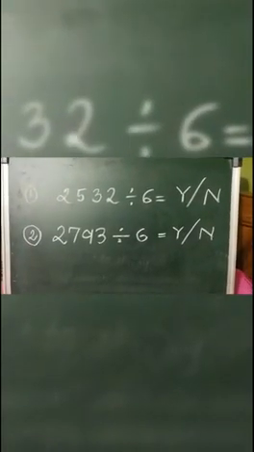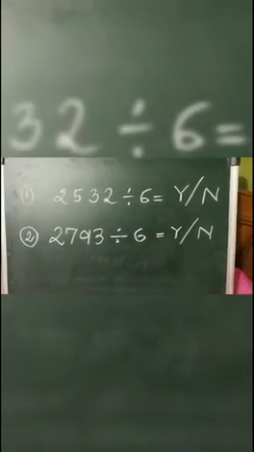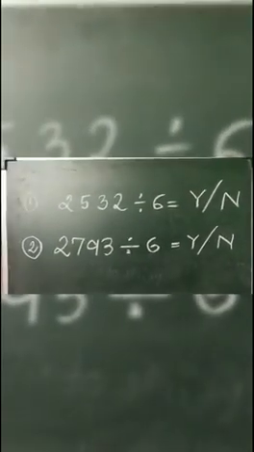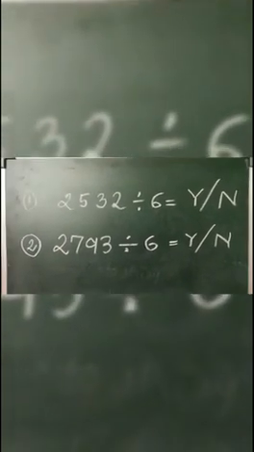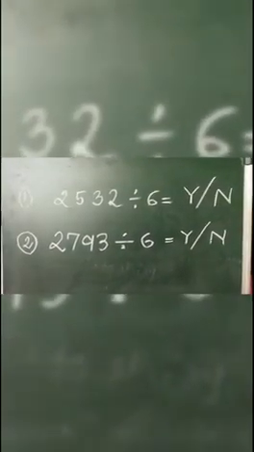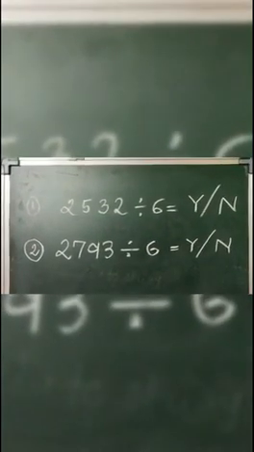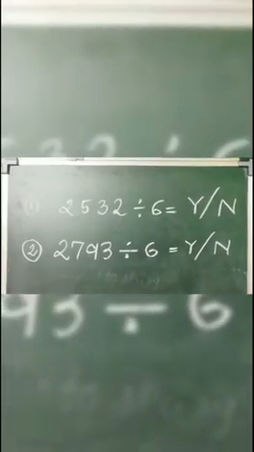So children, here are two numbers written on the board, 2532 and 2793. We need to calculate whether these two numbers are divisible by 6, yes or no. Let's find it. The tricks and the methods we use to find out the divisibility rules of 6.